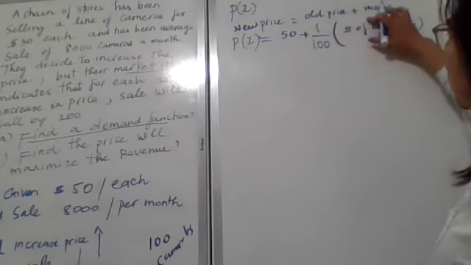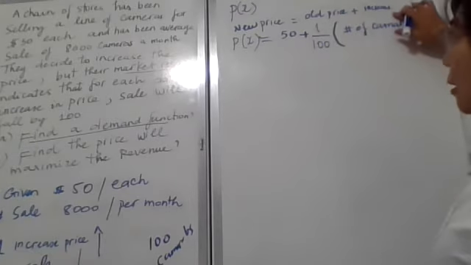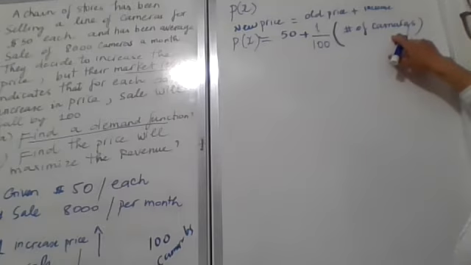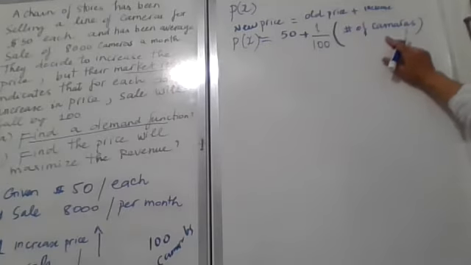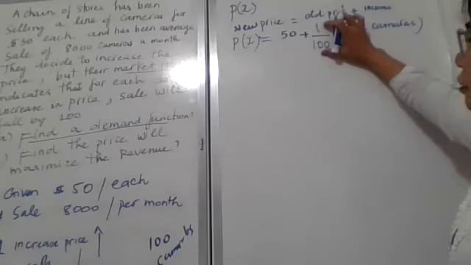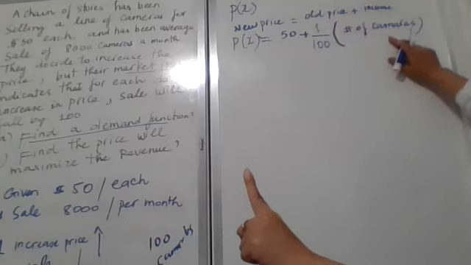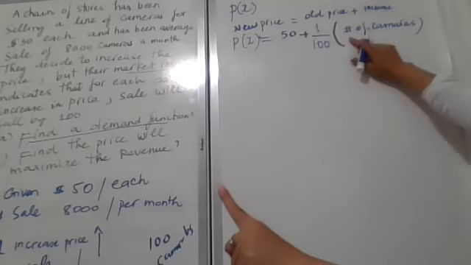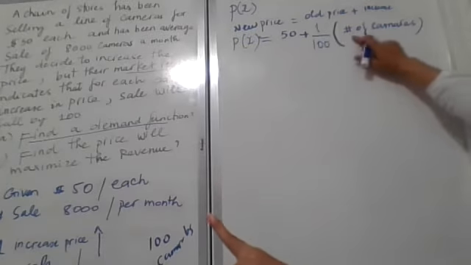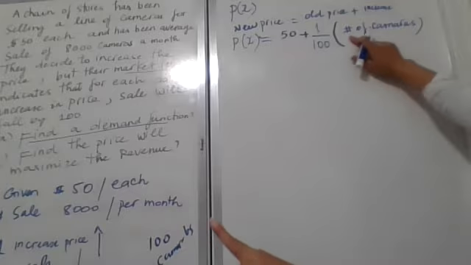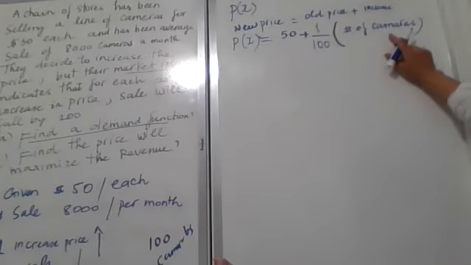Then it will be multiplied with 1,000 if the number of sales is 1,000, or multiplied with 200 if the number of sales is 200. Because this is the rate of increasing for one of them, but the number of cameras is not just 1. It will be more than that. So we multiply with the number of cameras.